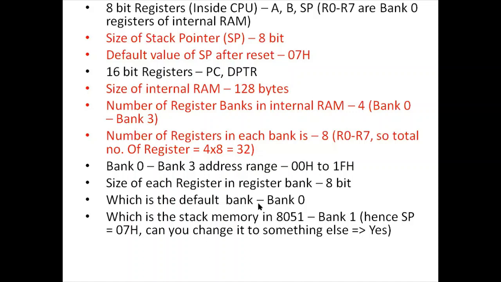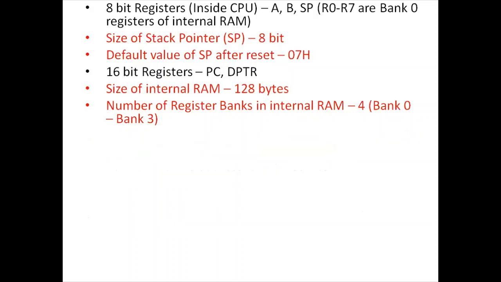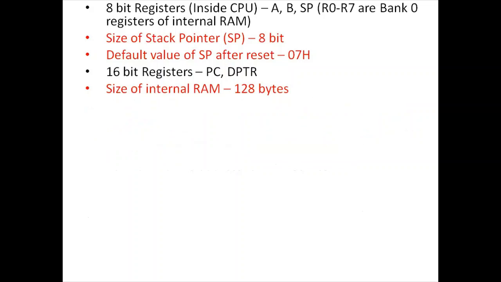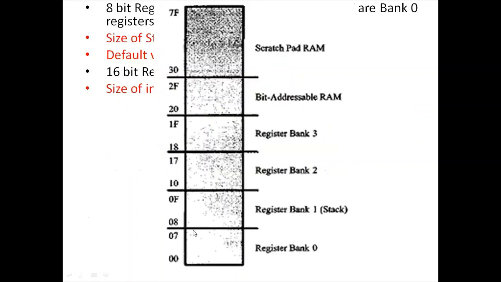Now you must be wondering, if you see, your bank 1 starts from 08, right? So why is your stack pointer still pointing at 07? I said bank 1 is stack. So your stack pointer should be 08, but the value is 07.